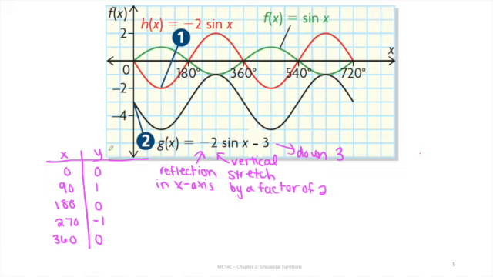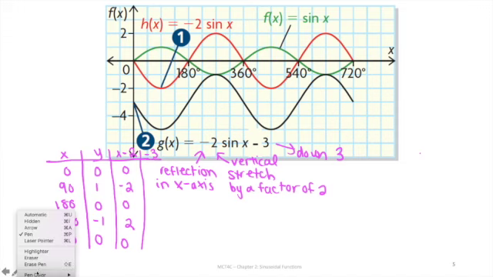Because you know that it is vertical, it affects your y's, so we're going to multiply by negative 2 here. So 0 times negative 2 is 0. And then because we're moving down, we also on the same side are going to have to minus 3 here. So 0 minus 3.